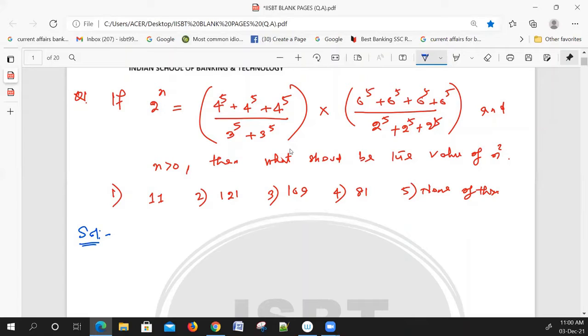Now we should split the RHS. Right hand side में कौन है? We can write 4 to the power 5 plus 4 to the power 5 plus 4 to the power 5.